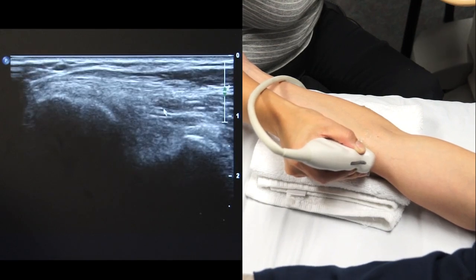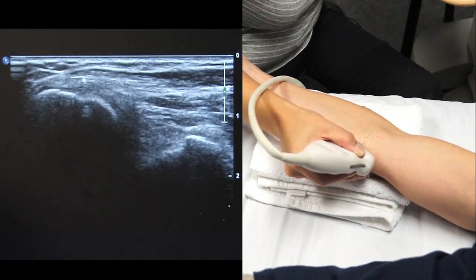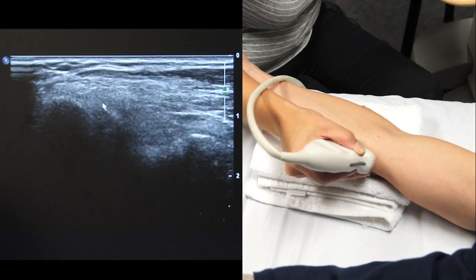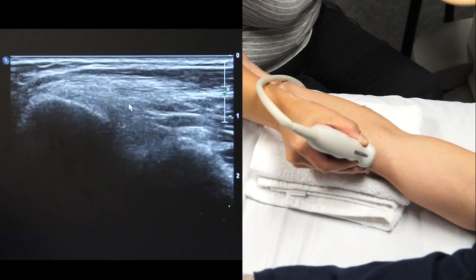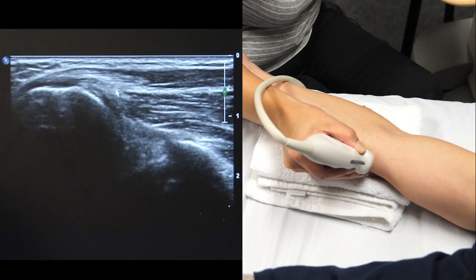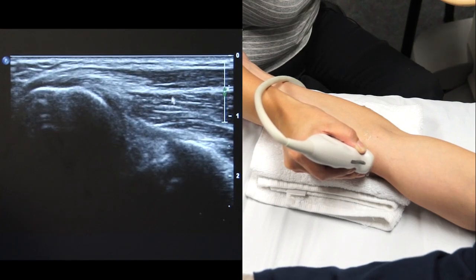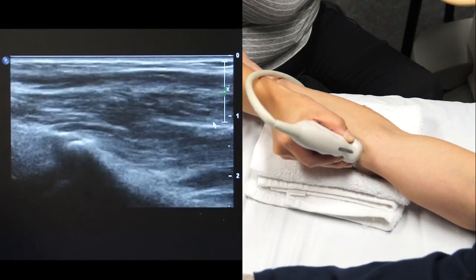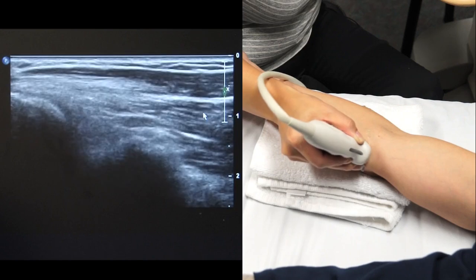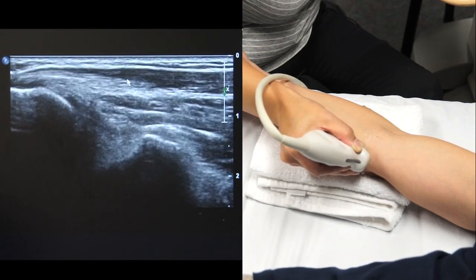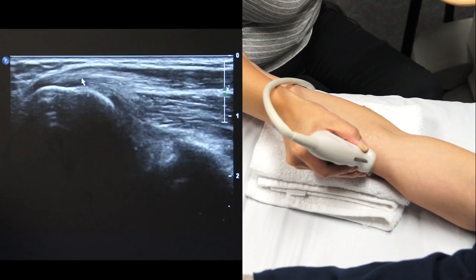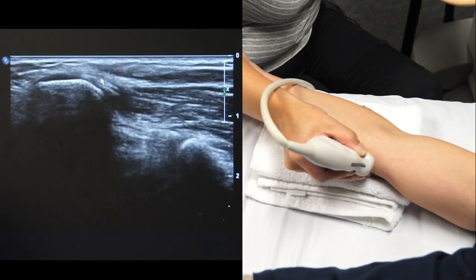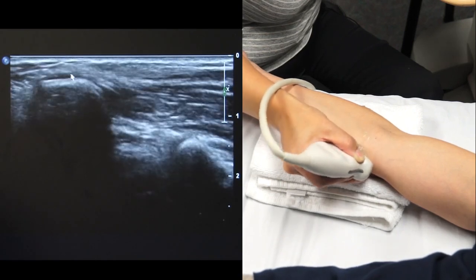As you can see, the collagen fibers are coming in and inserting on the medial epicondyle. Also note that this tendon is shorter than the common extensor tendon, so we see more of the muscle in view. Here are the flexor muscles. Okay, and coming in, here is a myotendinous junction. And here we see the fibers of the common flexor tendon inserting on the medial epicondyle.